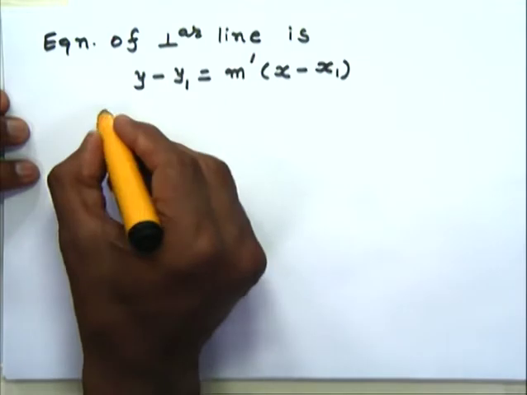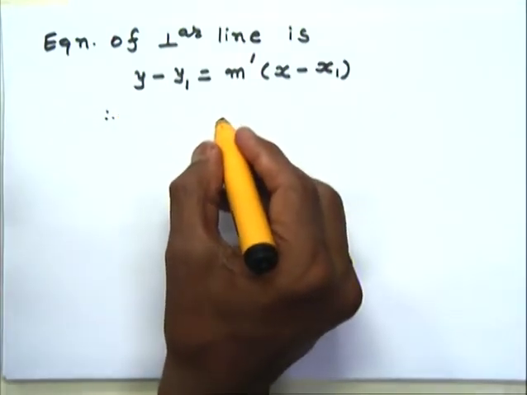We substitute the values as the point is minus 2, minus 3.